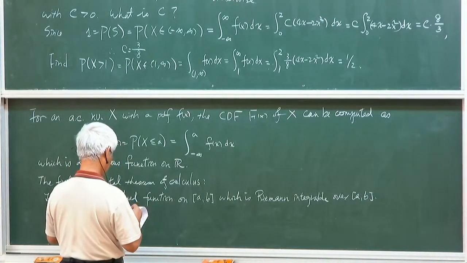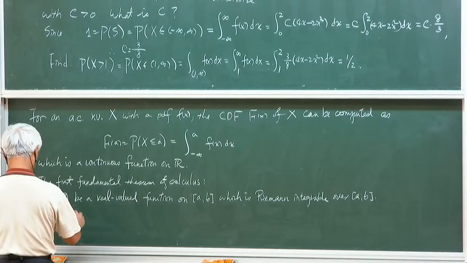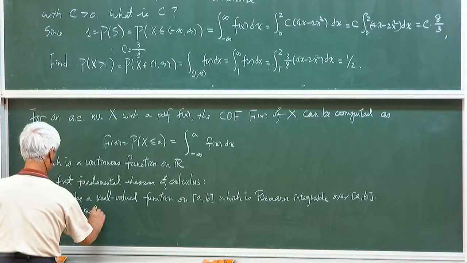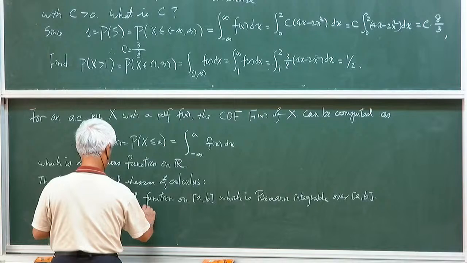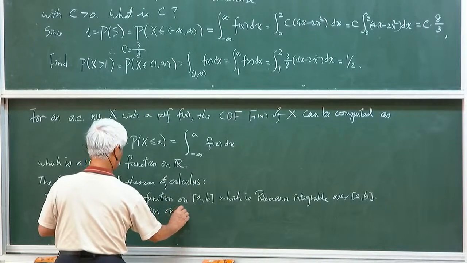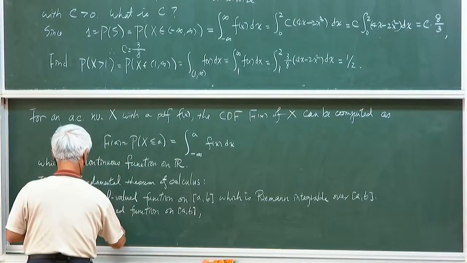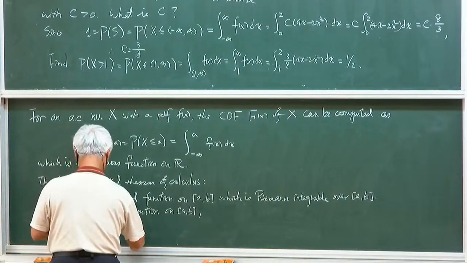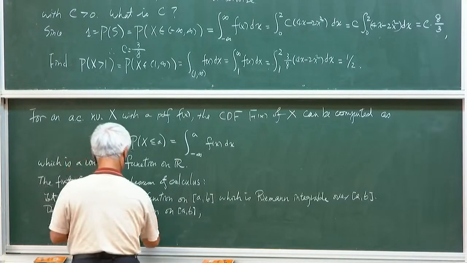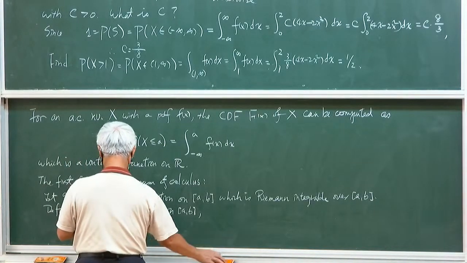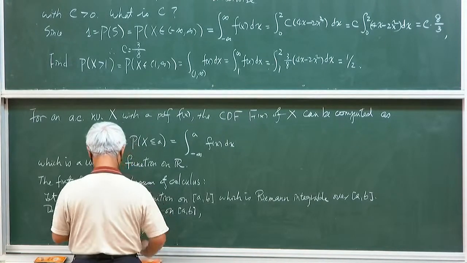Now define a real valued function on [a, b] by an indefinite integral. So this is the integral from a to x of g of t dt.